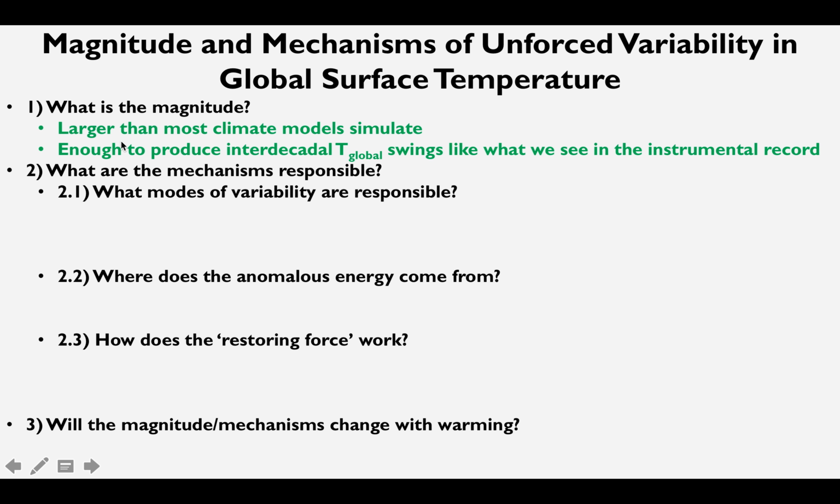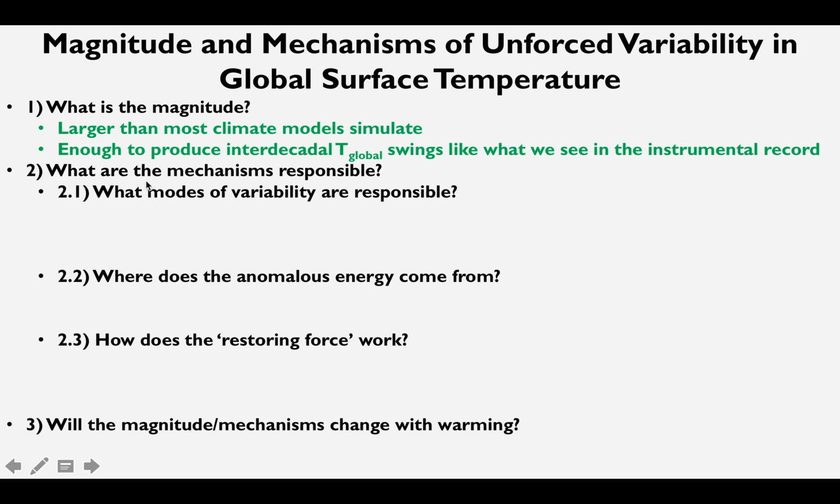According to our statistical model based on reconstructions of surface temperature change, the magnitude is large enough to produce interdecadal global temperature swings like what we saw in the instrumental record without having to invoke external forcings. But that's not to say that external forcings did not contribute to what we saw. This is just saying that it could potentially be unforced variability responsible for that.